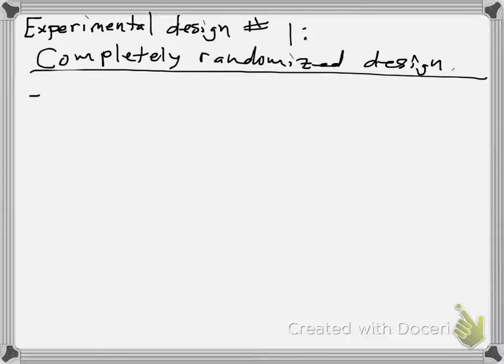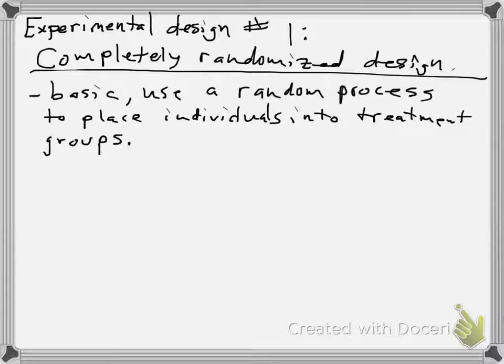All right, we're finally ready for our experimental design number 1, called the completely randomized design. It's a fairly basic design of an experiment, and the idea is we have 2 or more treatment groups, and we randomly assign units or subjects into those groups.